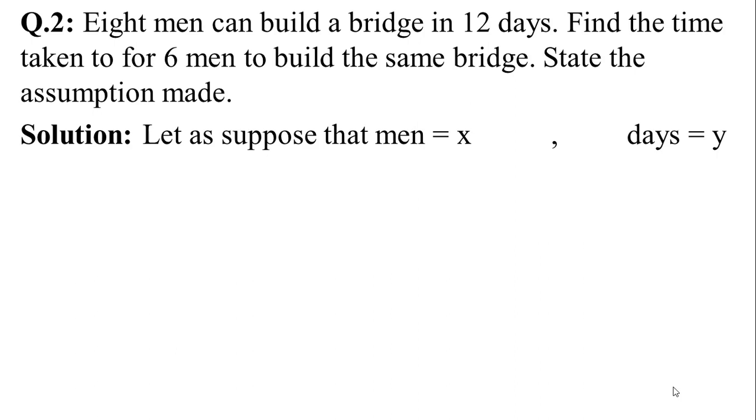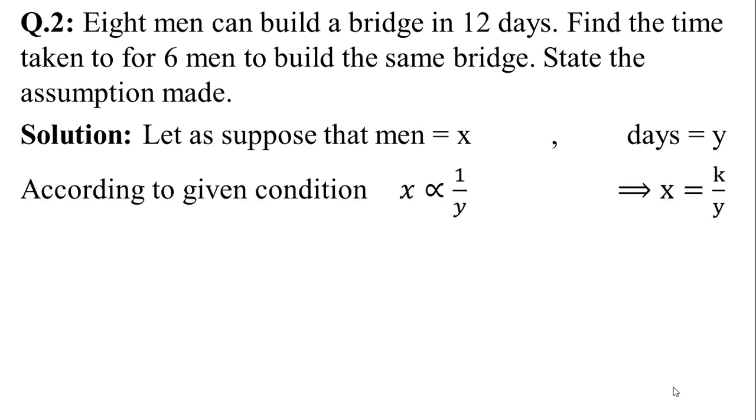So let us suppose that men is equal to x and days is equal to y. According to the given condition, x is inversely proportional to y, so x is proportional to 1 upon y. Remove the proportionality sign, then use a constant.